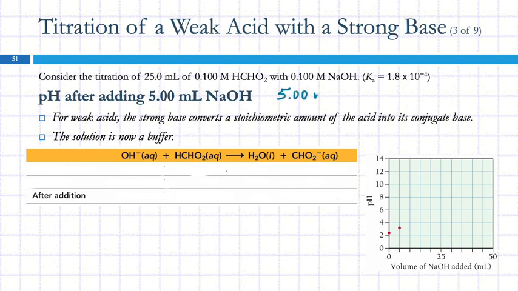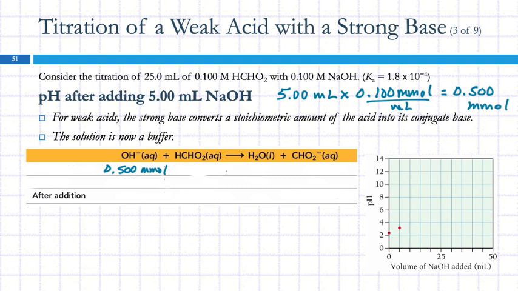We take 5 milliliters times 0.100 millimoles per milliliter, and that's 0.500 millimoles.